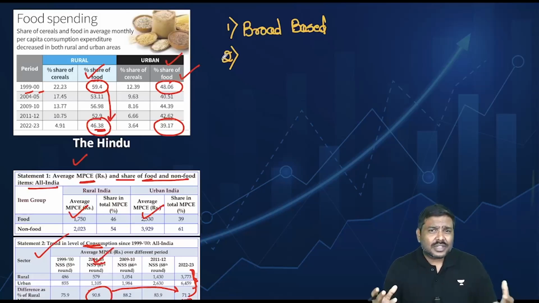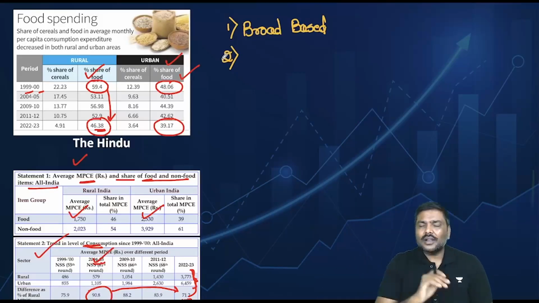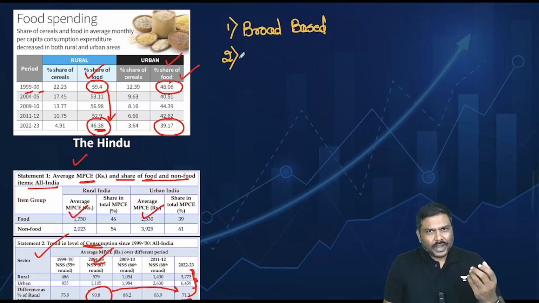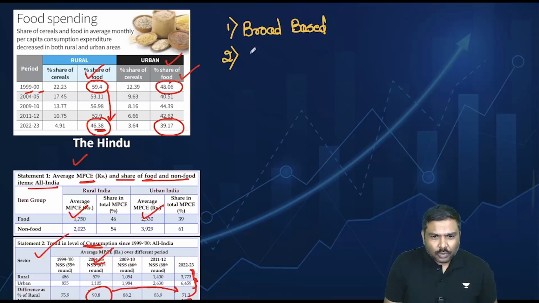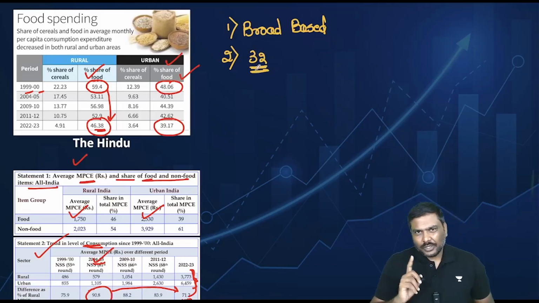Now you will ask me a question, sir, on what basis is he making that assumption? On what basis is he coming to this conclusion? Simple data. The argument is that the Rangarajan committee recommended a poverty line of 32 rupees.